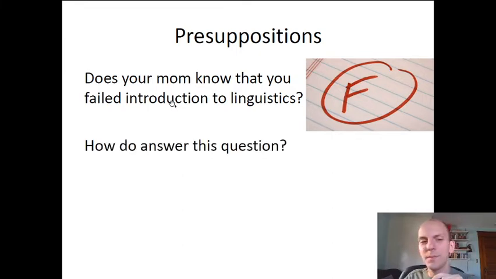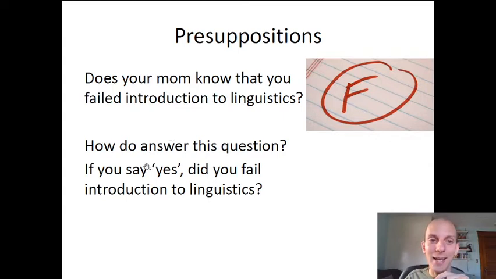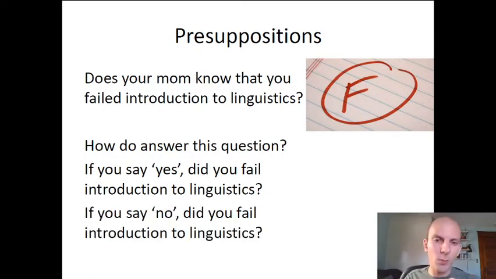How do you answer the question? Well, if you said yes, what are you saying? If you said yes, what you're saying is, yes, my mom knows that I failed Introduction to Linguistics. In this case, did you still fail Intro to Linguistics? You did. Your mom even knows about it. You're very transparent with your parents. That's laudable. But regardless, you failed Introduction to Linguistics. Now, if you answered no, what are you saying, right?